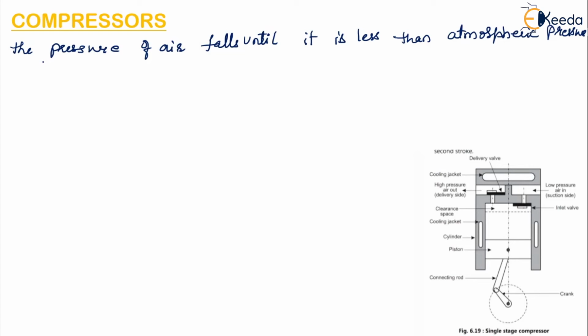So the inlet valve will again open as the pressure inside the cylinder falls below the atmospheric pressure and the air from the atmosphere is taken inside. Okay, that is the suction occurs. So this cycle will continue. Okay, this will keep on repeating.